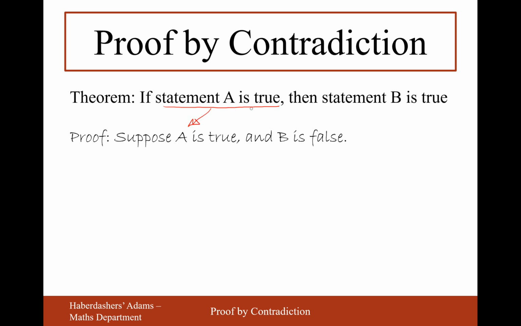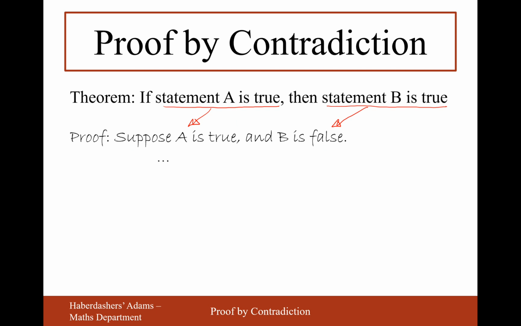So statement A will remain true, and then it's anything after the then word. A key word in this theorem is then, because anything after then is negated. So if statement A is true, keep statement A to be true, then statement B is false, and there we're going to get our contradiction.